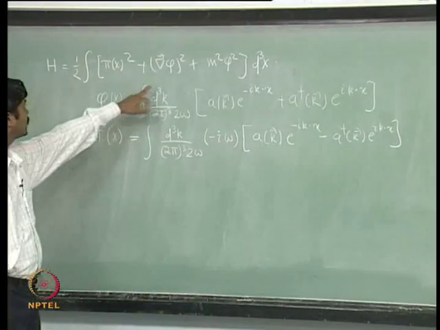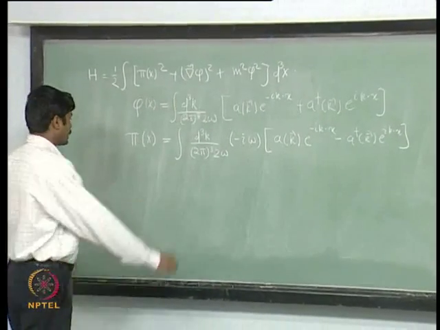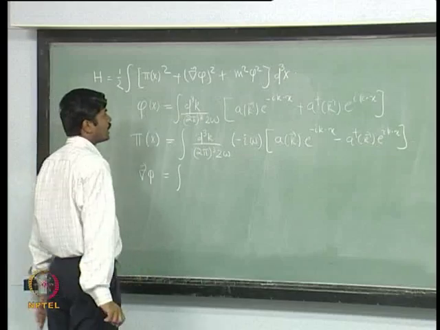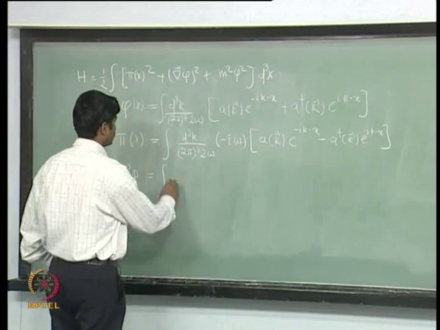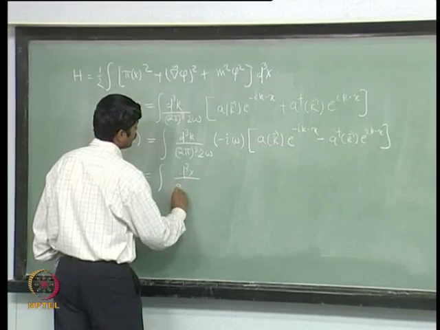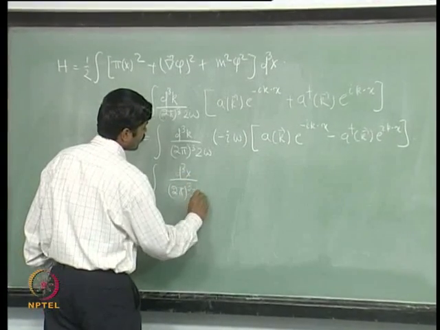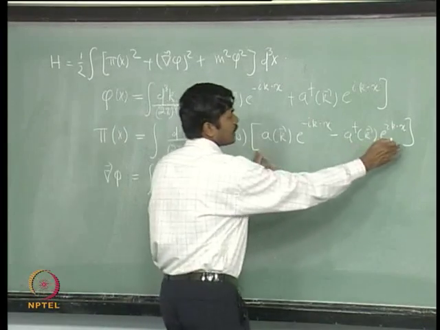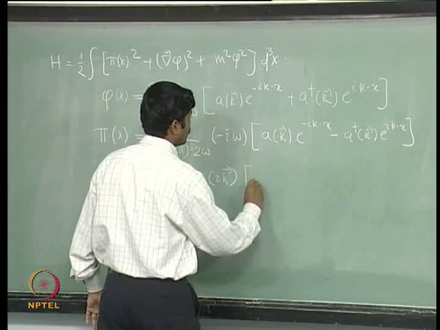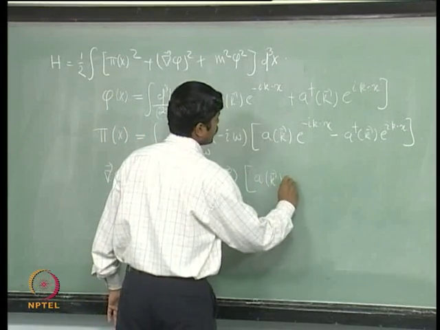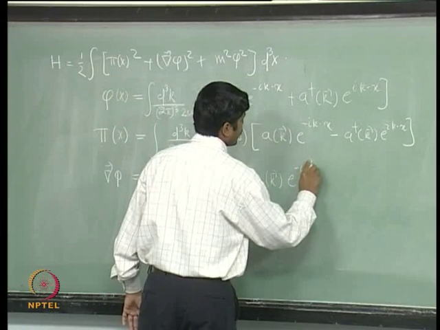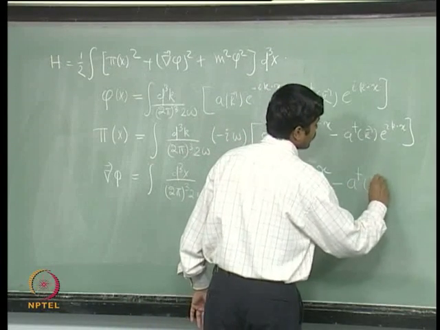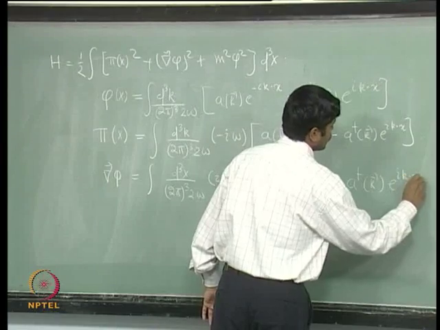Similarly, what will you get for gradient of phi? Grad phi will give you a factor of i k, d cube k over (2 pi) cube 2 omega times i k, and the same thing here, a_k e to the power minus i k dot x minus a dagger k e to the power i k dot x.